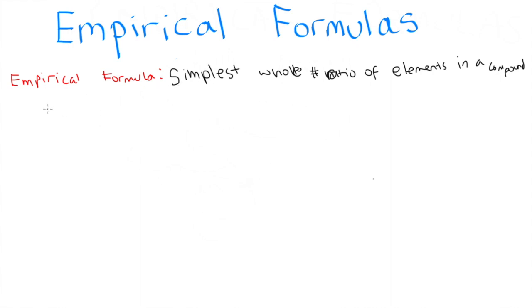So for example, you have ethanoic acid. Ethanoic acid has a molecular formula, I'll go into this in more detail, but it is a general formula of C2H4O2.